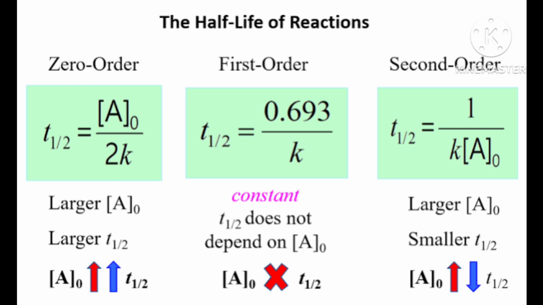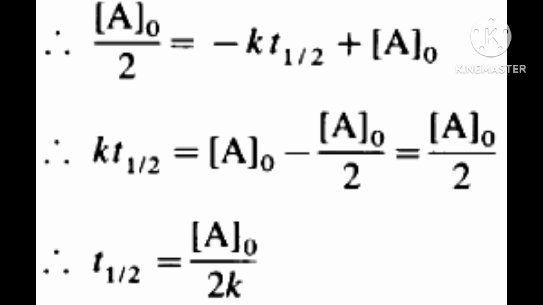Then 2.303 into 0.301, you will get 0.693 divided by K.